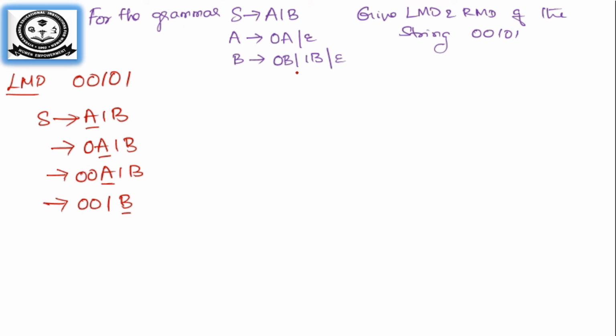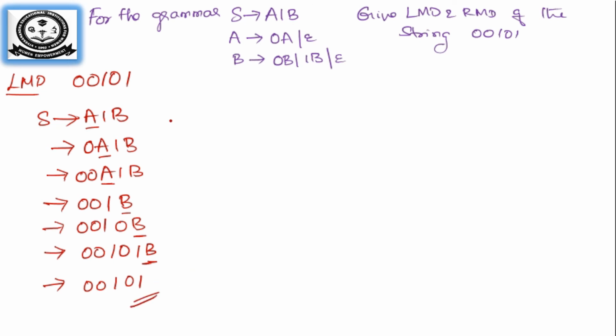Now for this B I can substitute 0B, and for this B I can again substitute 1B to get the final one, because we have epsilon here, so 0 0 1 0 1B. Then finally you can substitute epsilon, so 0 0 1 0 1 alone.